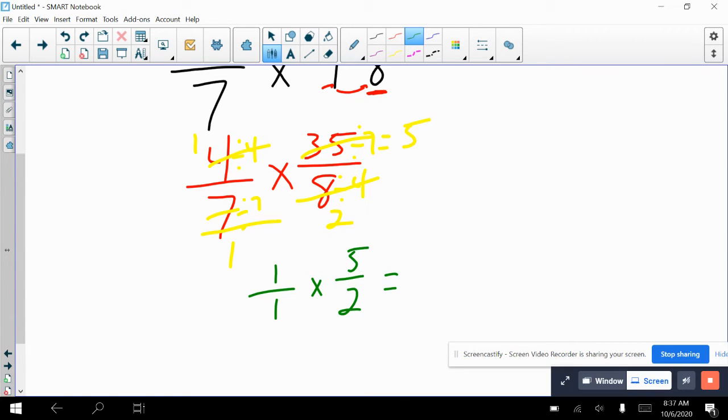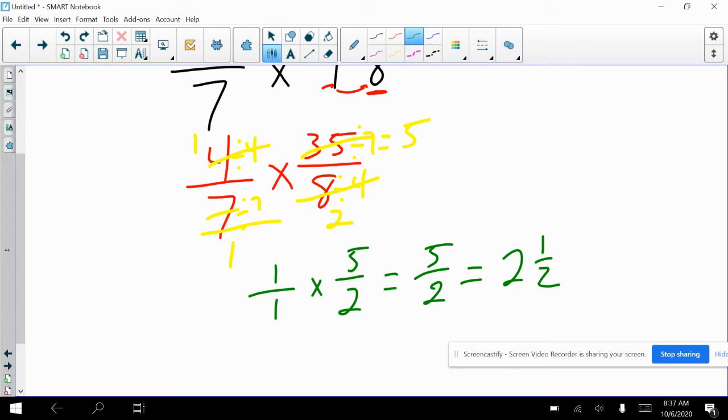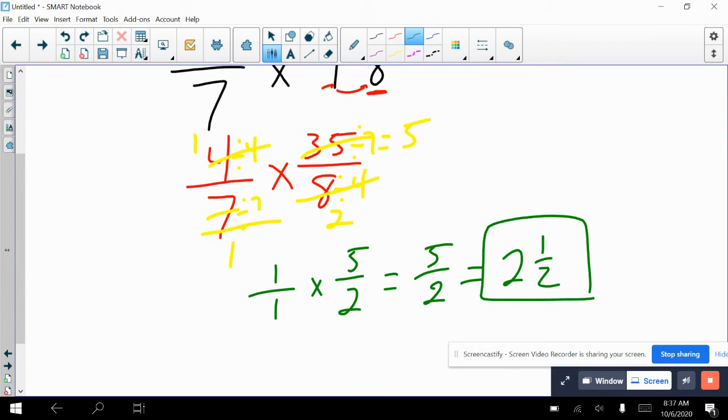And when you put it in those terms, 5 divided by 2, that's going to give us 2.5. Right? That makes sense? Everybody good with that? Okay. Moving on.